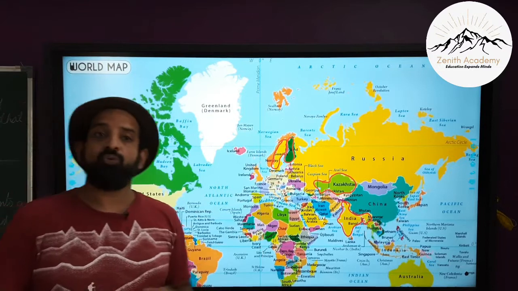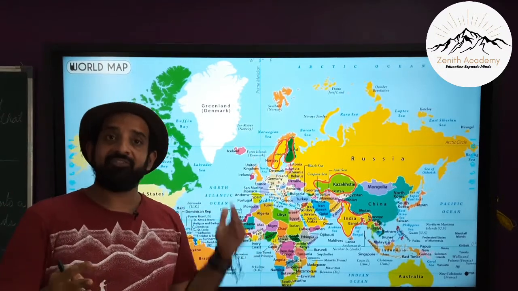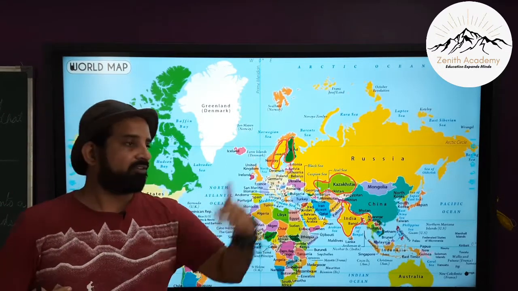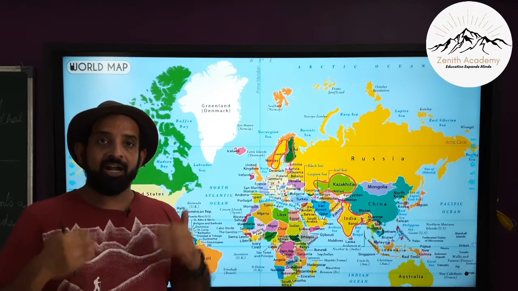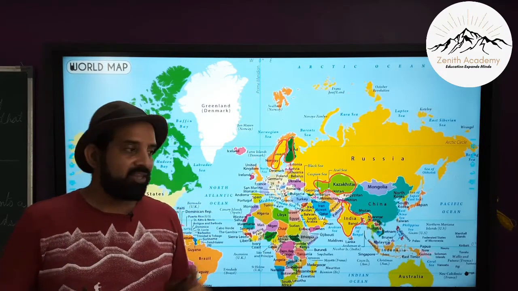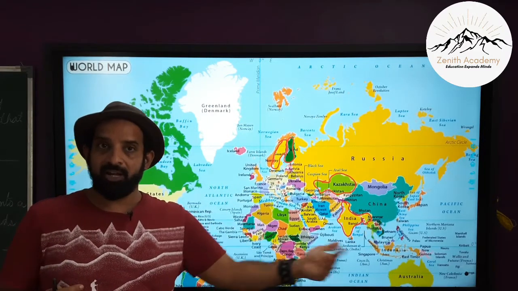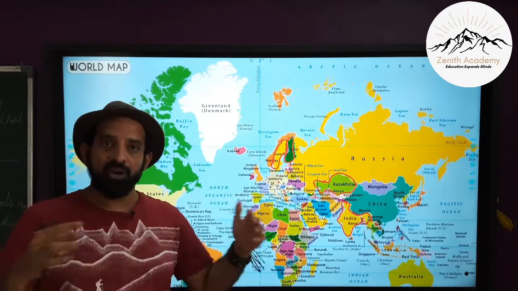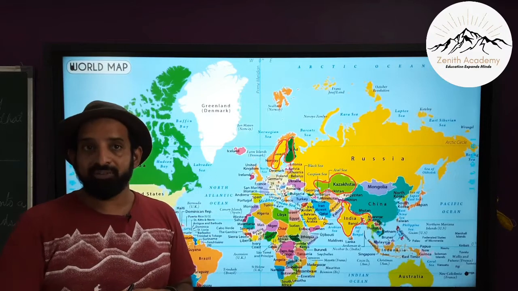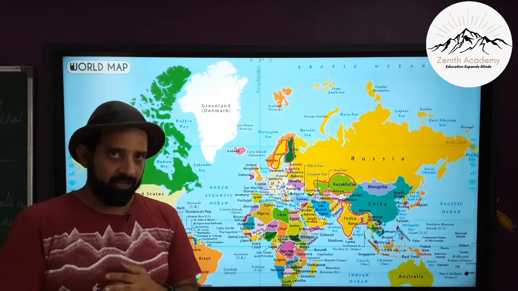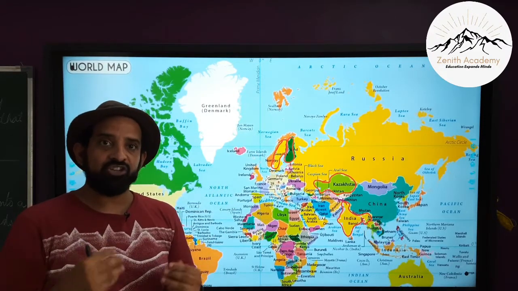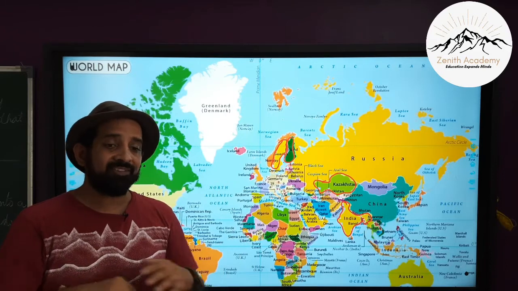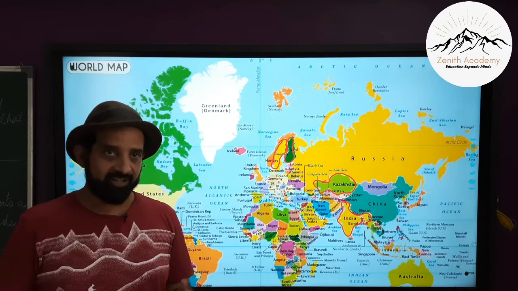Now what does this do? It tells you again, like fences, this is my country, this is the neighboring country. My country will be ruled by my government, the neighboring country will be ruled by the neighboring government. Hence, on the map on which boundaries are drawn, who decides the boundaries? The government of every country. And also the United Nations plays a very important role in deciding the boundaries of every land.